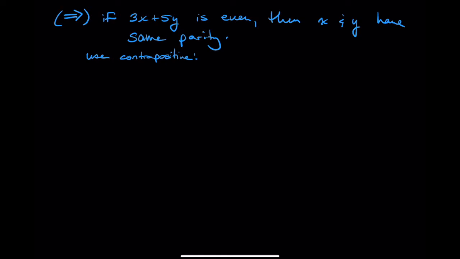So what is the contrapositive of the forward direction? It would be if x and y are not of the same parity, then 3x plus 5y is not even, so we could say it's odd.